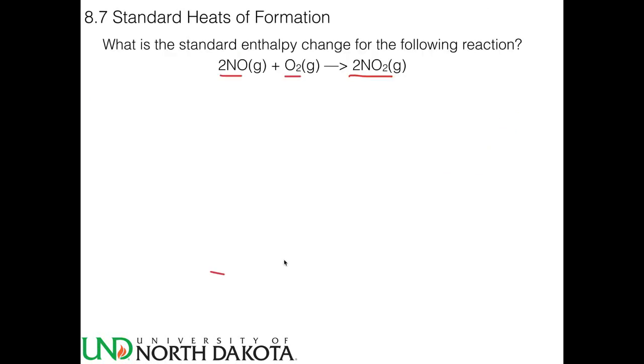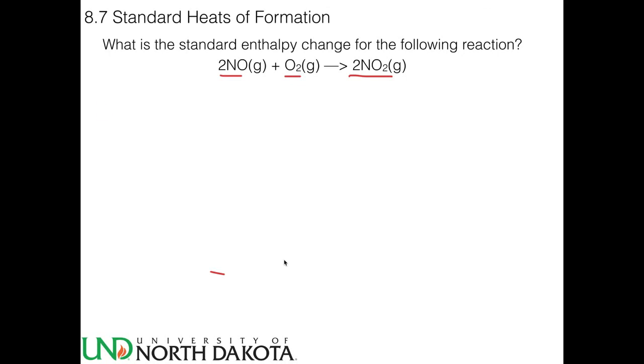Let's use the standard heats of formation or standard enthalpies of formation to solve a problem. Here our problem is, what is the standard enthalpy change for the following reaction? 2NO plus O2 gives us 2NO2.